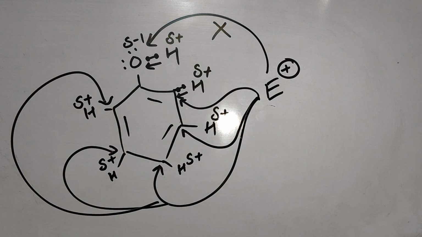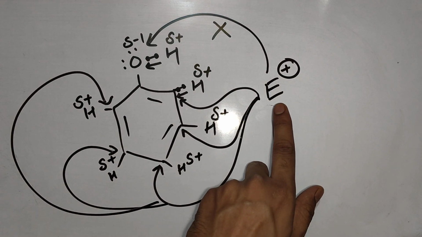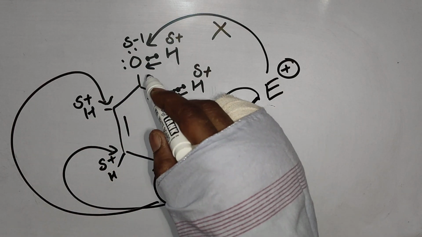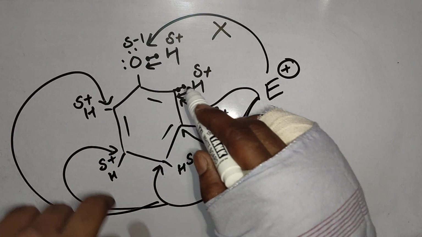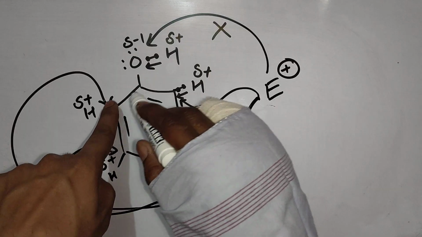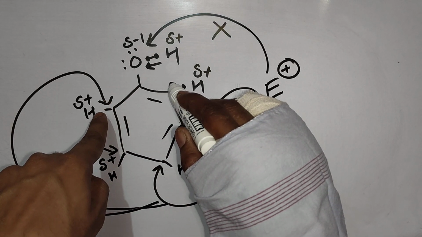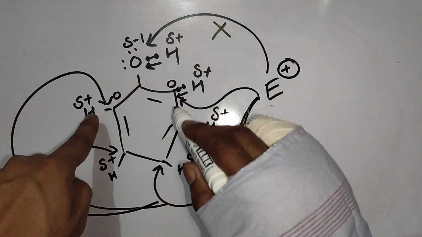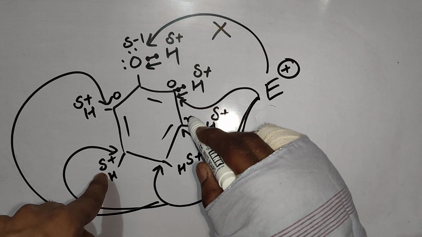Okay. Carbons. Carbons have less electronegativity, only 2.5. So these carbons can easily provide electrons to the electrophile. But can all carbons? Look, this is the OH group, the functional group. The next carbon to the functional group is known as ortho. Next to ortho, meta.